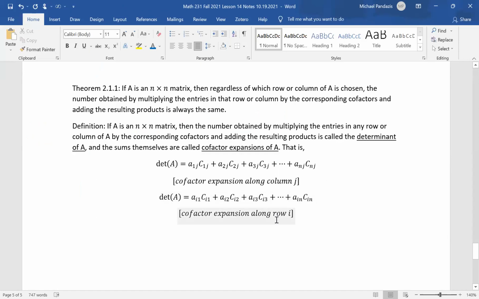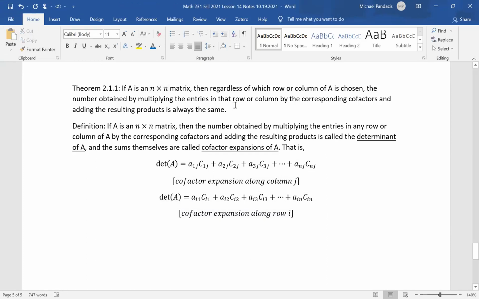That represents the cofactor expansion along row I for any I. So you only consider I's where row I is a row of your matrix. If it's a 3 by 3, you can't take row 10, right? So take an appropriate value for I, plug that same value of I into the entire expression, and that is a cofactor expansion along that row, which equals the determinant of your matrix.